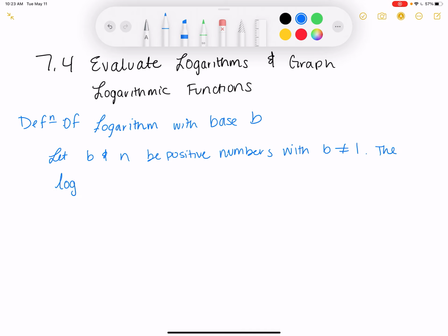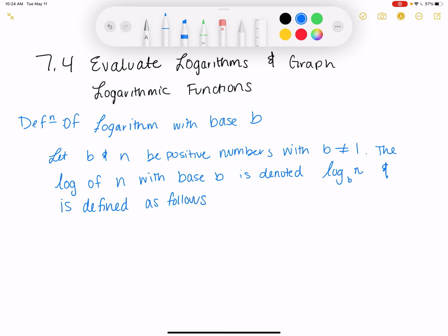The log of n with base b is denoted log base b of some number n and is defined as follows. Log base b of some number n is equal to some power p if and only if base b raised to power p is equal to some number n.